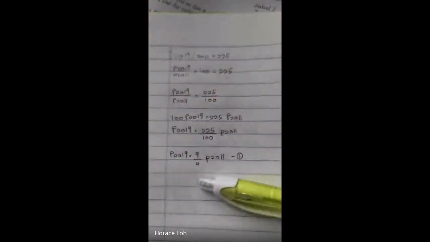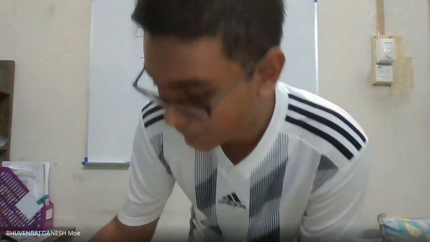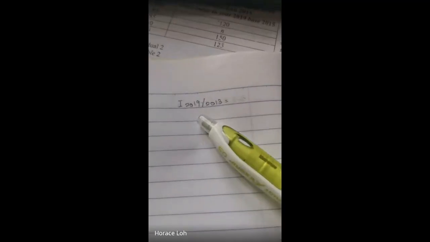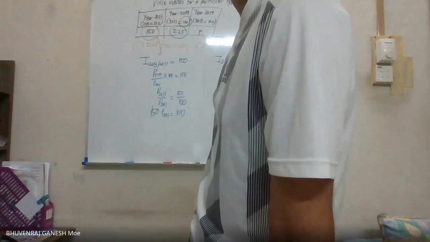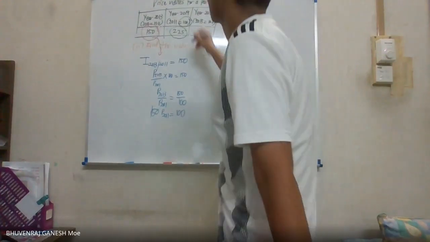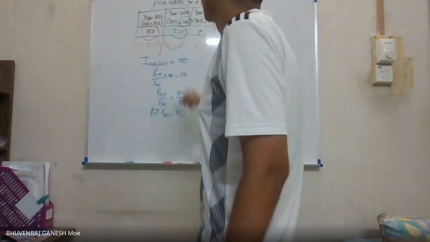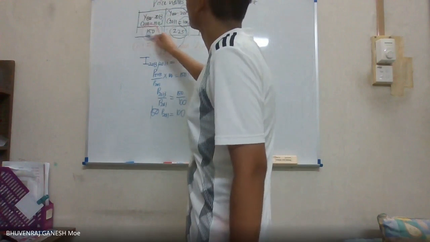Oh, you went straight to 2019 base 2011. Yeah, you did this part first. The other one is 2013 base 2011. Did you write that? Oh, I didn't do that.